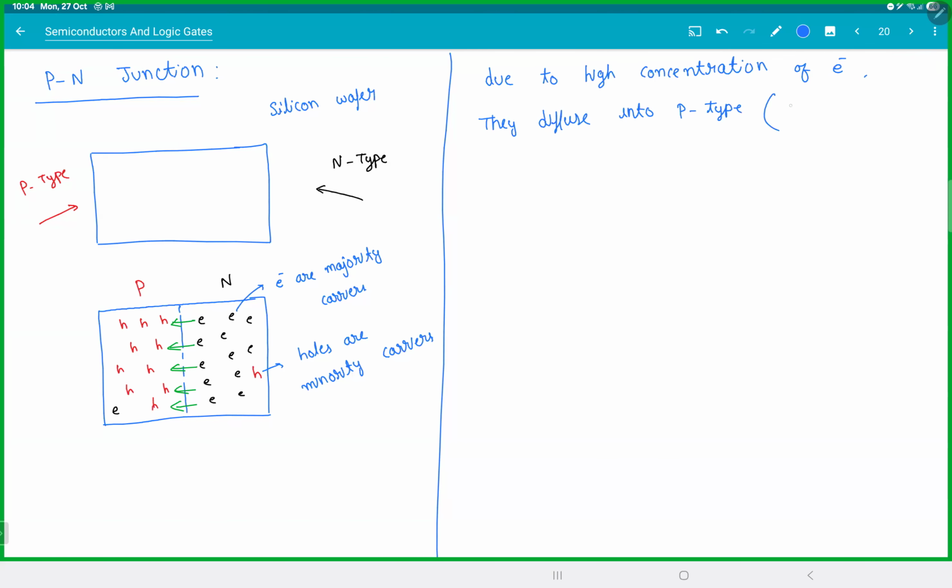They will diffuse from n-type to p-type. This is called diffusion current, because this is happening due to diffusion.